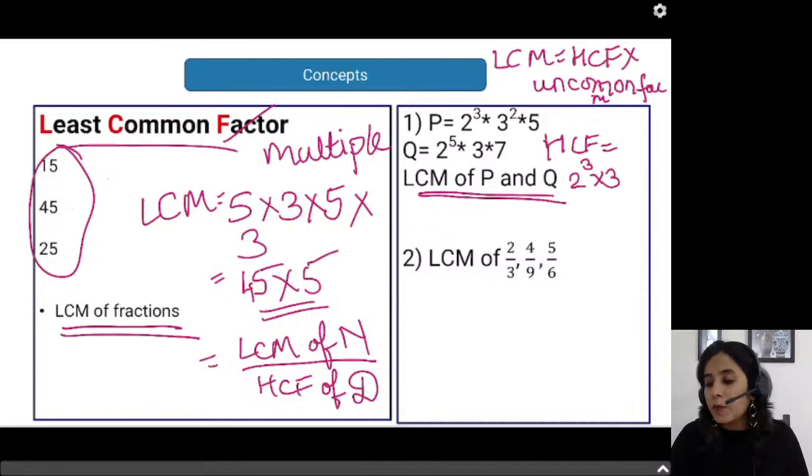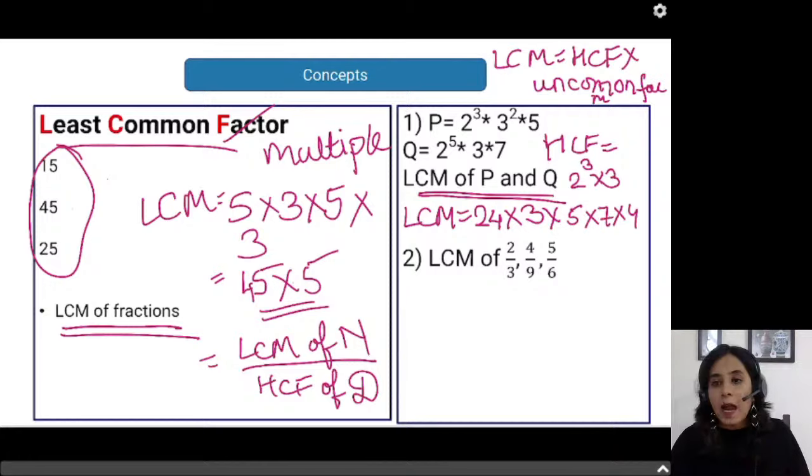So the HCF is 24. So I have LCM, which is equal to 24 into, here I have another 3, which is uncommon, into 5 into 7 into 4. And the correct answer is 10080.